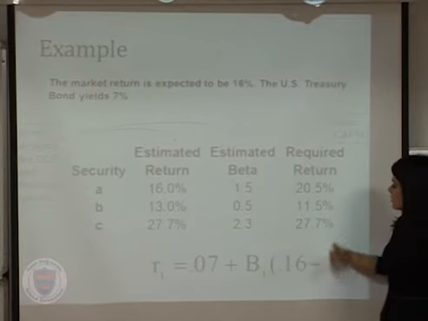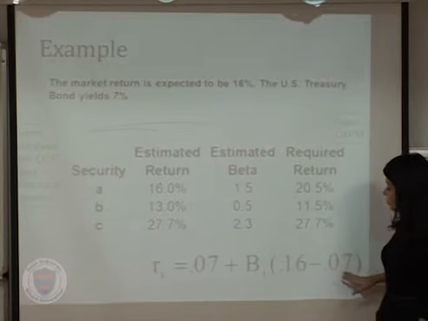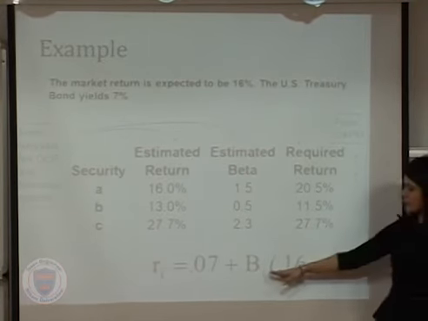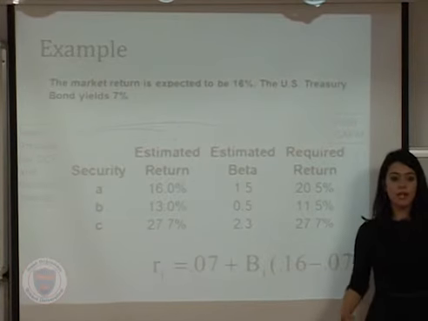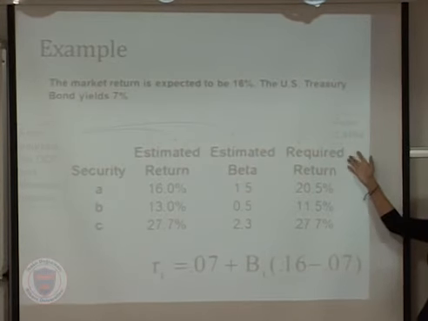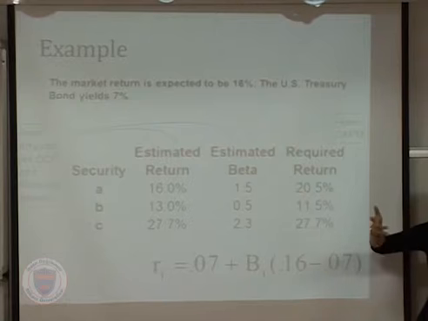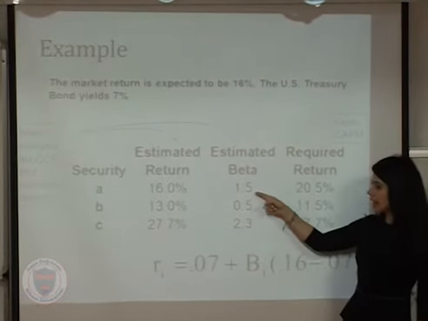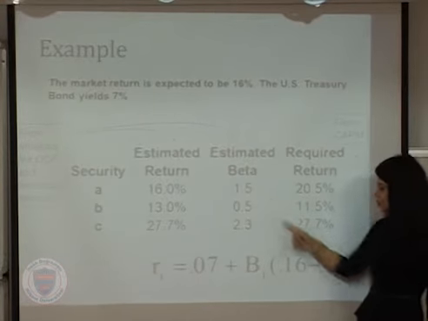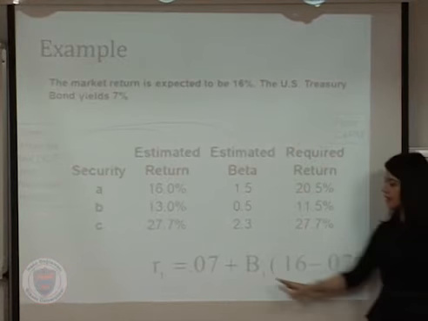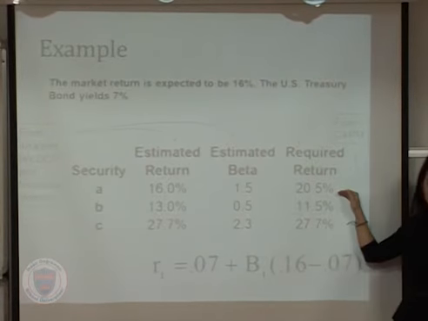And then you know the market risk premium, you know the market return, you know the risk-free rate, and you know the betas of those stocks. So you use CAPM to calculate the returns of the stocks, your required returns, what the model predicts. So since stock A has 1.5 beta, you're multiplying 1.5 with the market risk premium, and you're adding the risk-free rate, and you're finding the CAPM.